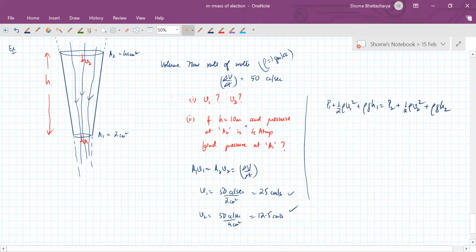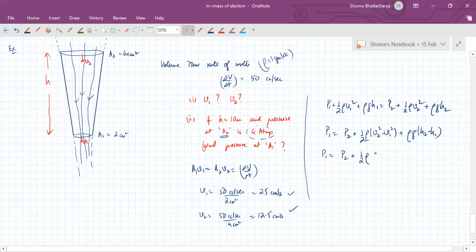Now the pressure at the point having cross section A2 is given to us as 4 atmospheres. So P1 will become P2 plus half rho (V2 square minus V1 square) plus rho g (H2 minus H1). So P1 will become P2 plus half rho.